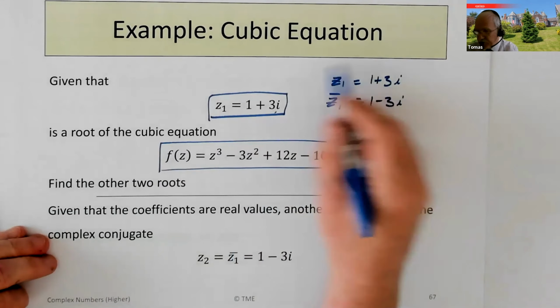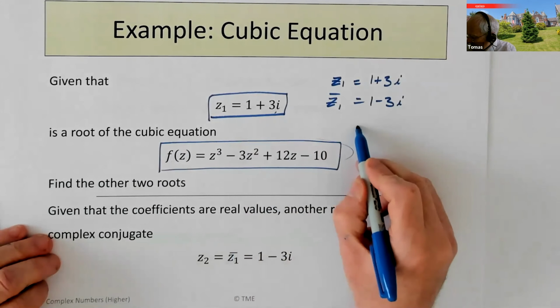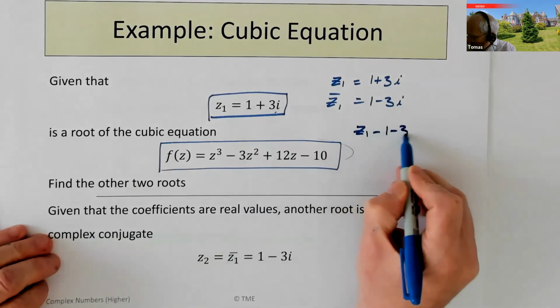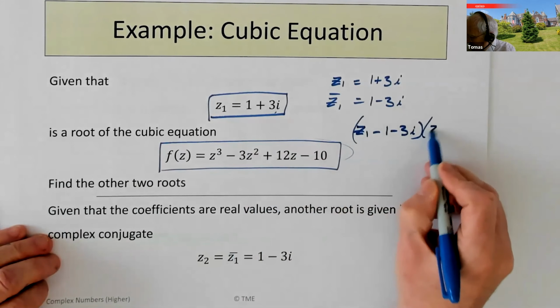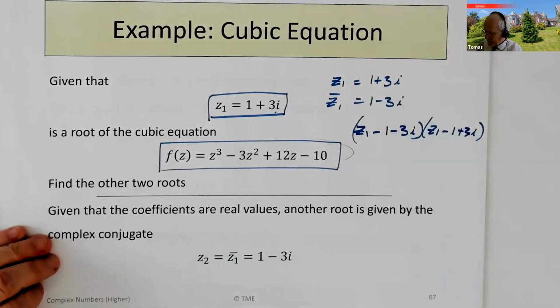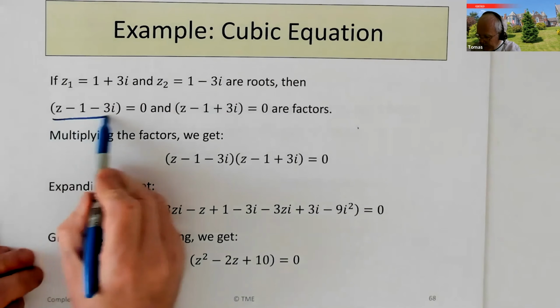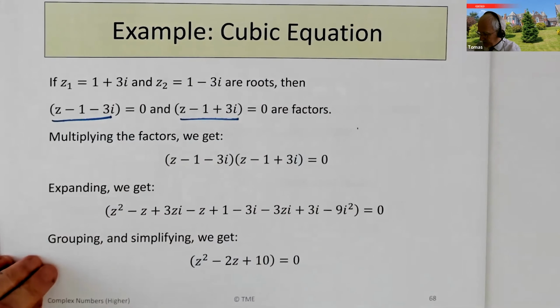So both of those must be roots. Therefore, z minus 1 minus 3i and z minus 1 plus 3i must be factors.